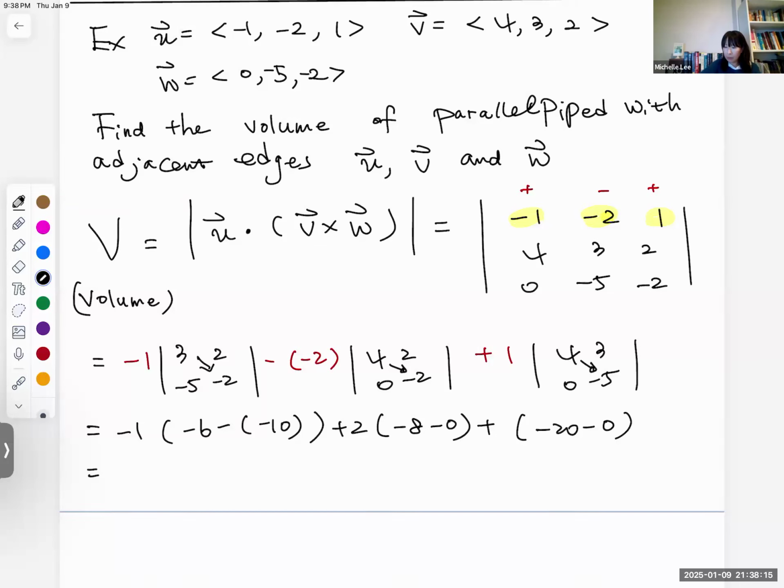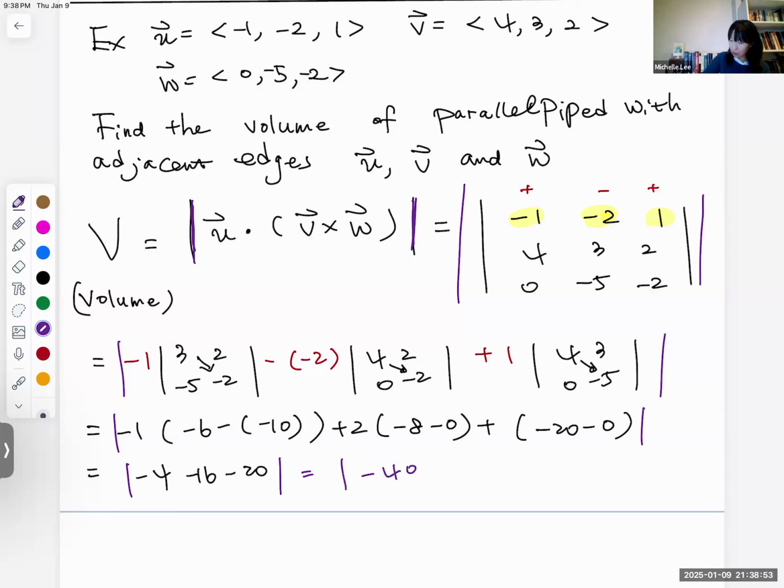So we have -4 and -16 minus 20. We have to have an absolute value, right? So this is actually absolute value. So we have to have absolute value, right? So we get -40, which is +40, right?